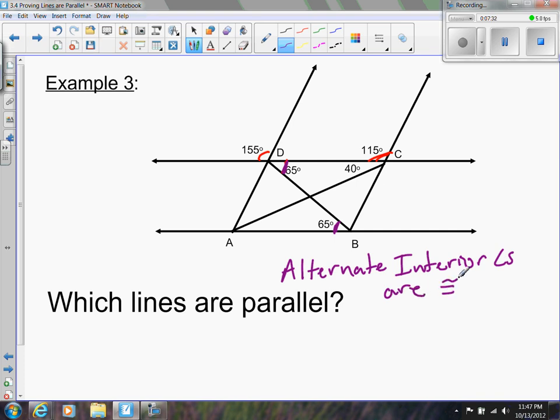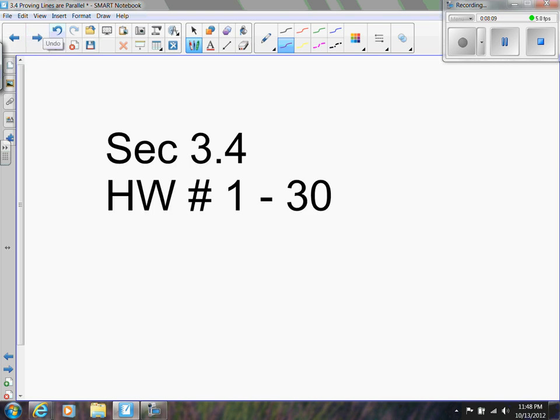So by the alternate interior angles converse, my parallel lines are going to be BC is parallel to AB, the inside ones, the two big parallel lines. Those AD and BC are not parallel. Remember, pictures aren't necessarily drawn to scale. There's your homework assignment. Have a good night.